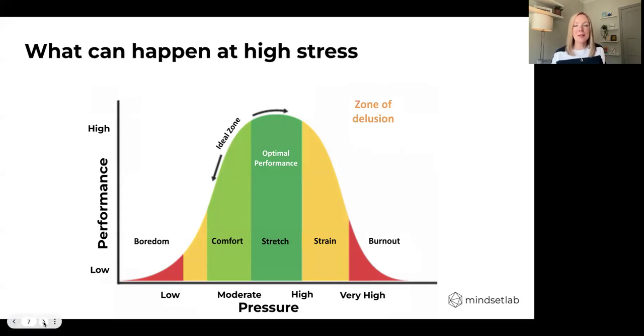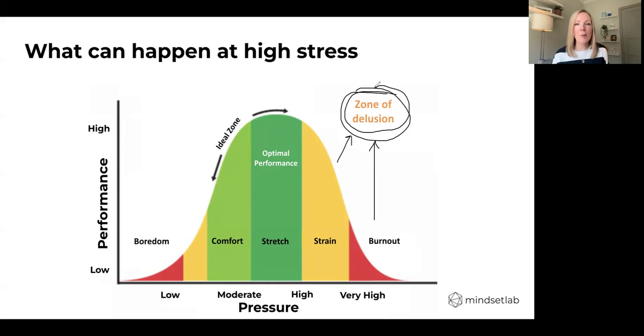So what can happen at high stress? And this is something else I want to make you aware of from the Yerkes-Dodson insight. What they call this point is the zone of delusion. So when we're in strain or when we're in burnout, we often get into what's called the zone of delusion. And that is, I can't possibly take breaks. I can't stop. I need to keep going. I've got so much to do. Can you stop talking to me? I don't have time for this.